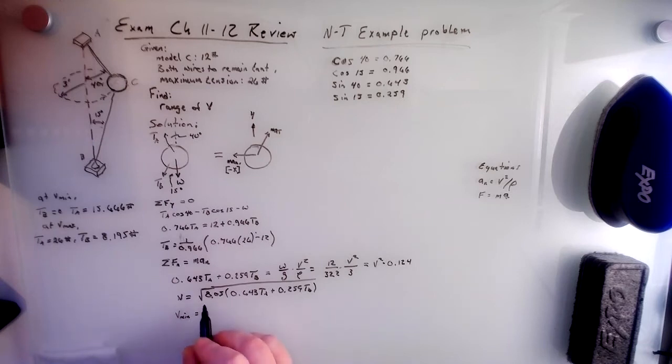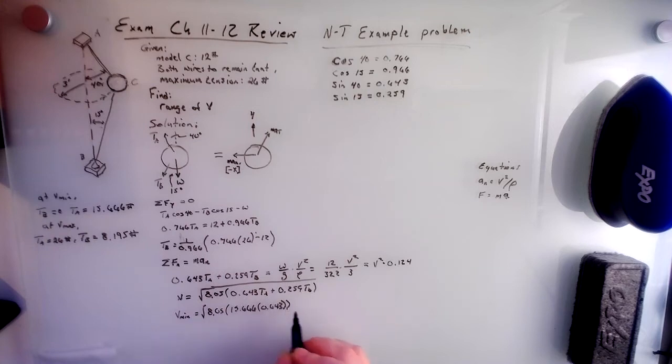That equals the root of 8.05 times, TB is going to be 0, so it's just 15.666 times 0.643. Then I'll compute it on the calculator.